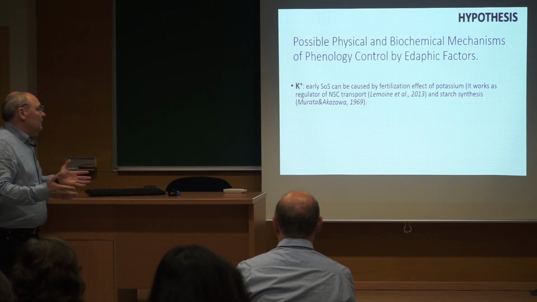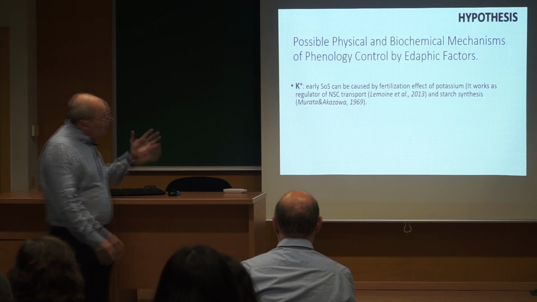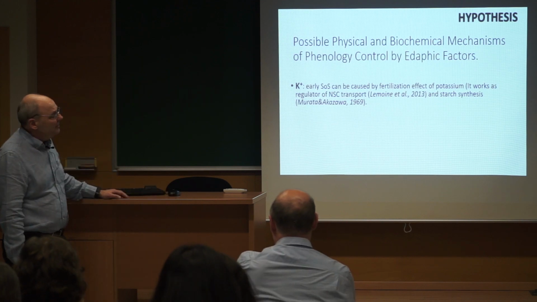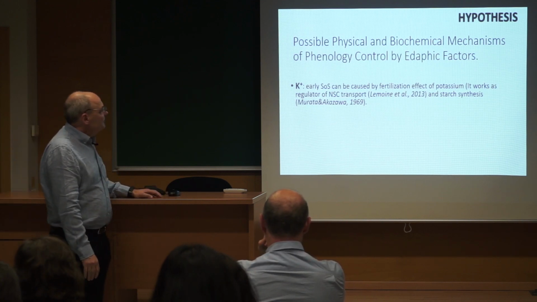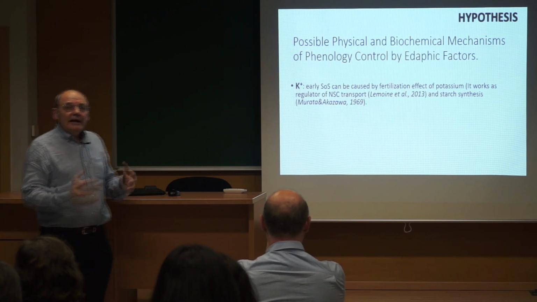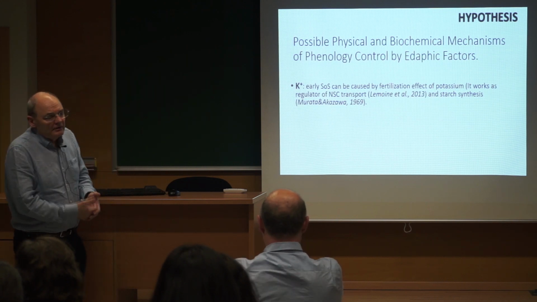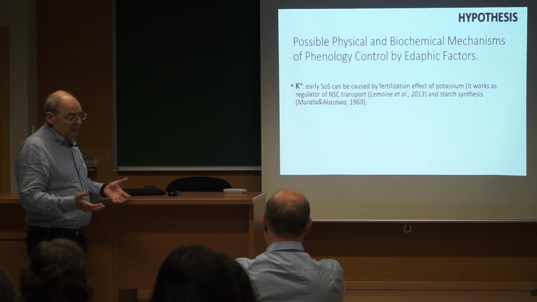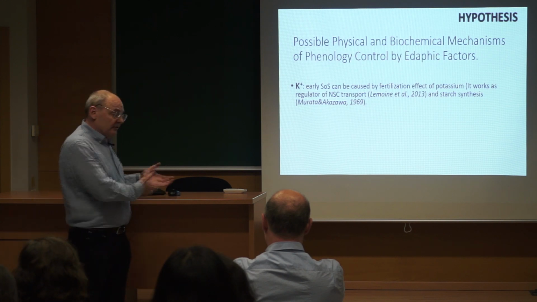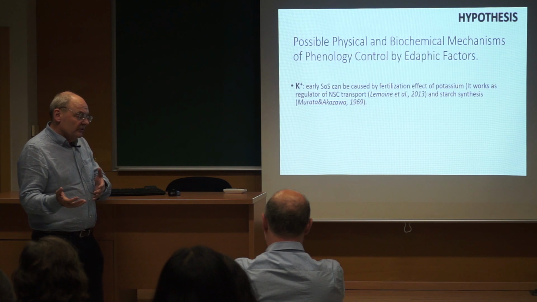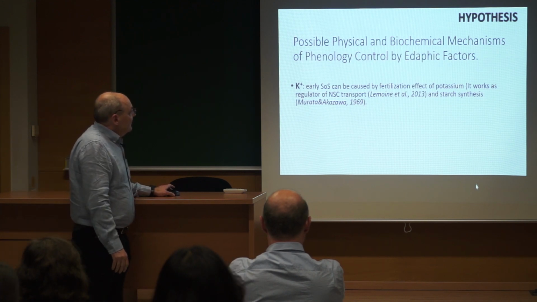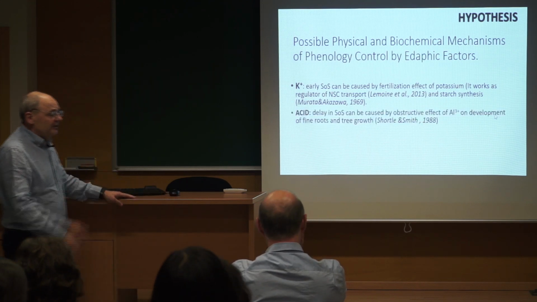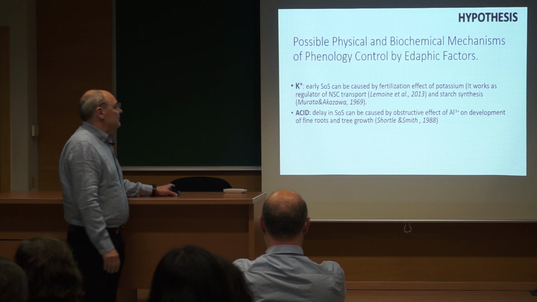Second, which is kind of interesting for me, I didn't know that, but I found this reference in the literature, and maybe there are people here who can educate me more on this topic: potassium also seems very important for starch synthesis. In the fall, when starch accumulation happens, starch is an important battery for spring, and if there is no starch accumulated, the spring will come later. Those are our suggestions for why potassium might be important, and why the statistics pick up potassium as an important variable here.